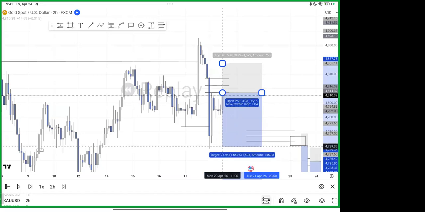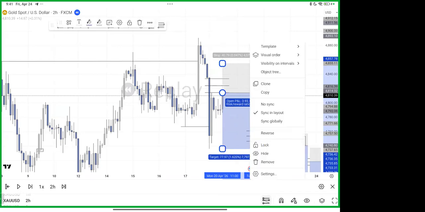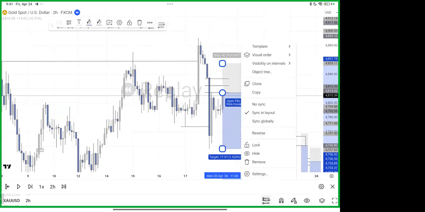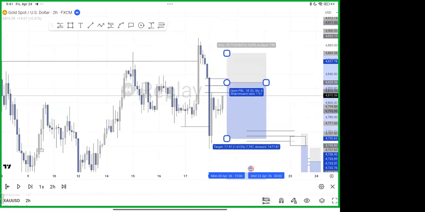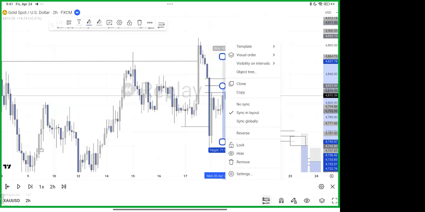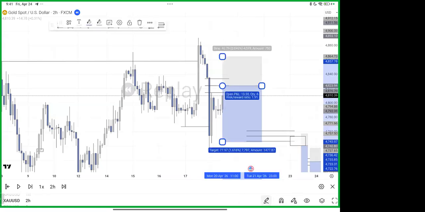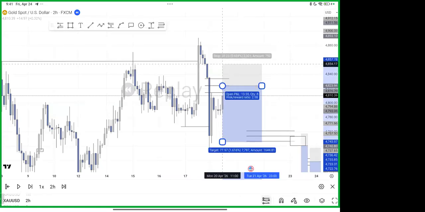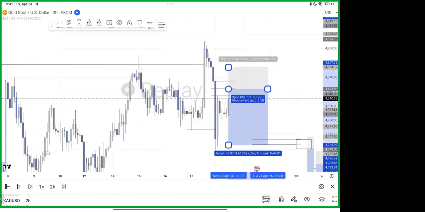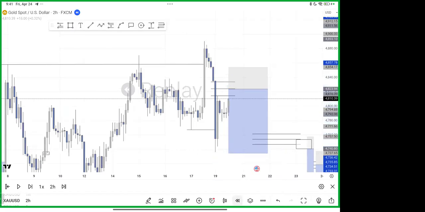No, the TP will be here, so it will be 1.91. But because we use 50% for refinement and better risk to reward, almost 3 risk to reward.